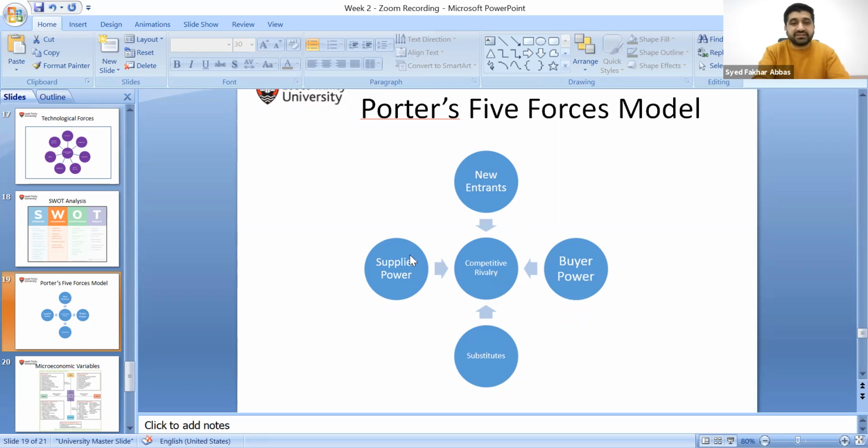Then they analyze the supplier's power, and either have to reduce or increase it. Then substitute products. All companies continuously focus on substitutes; if any substitute product is introduced in the market, it means it will be a danger for their businesses.